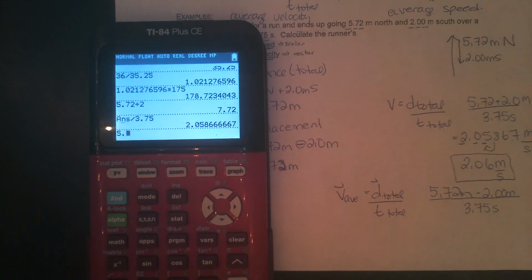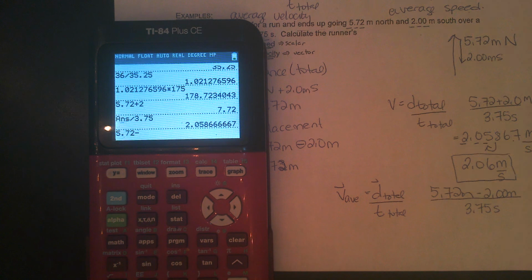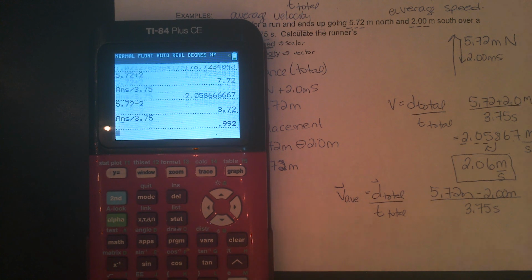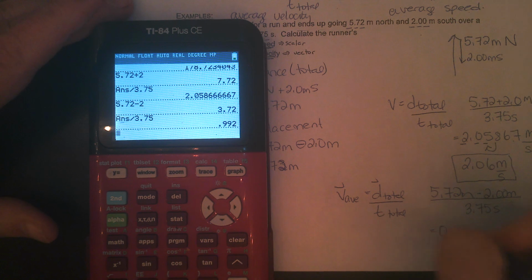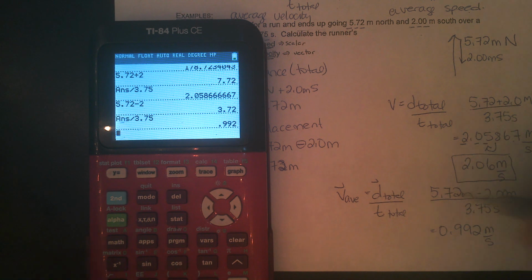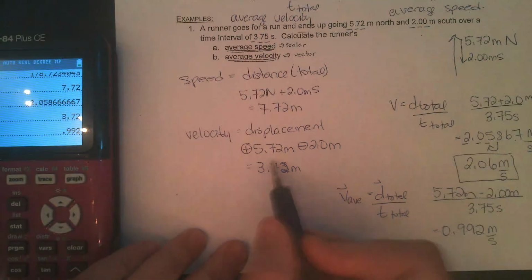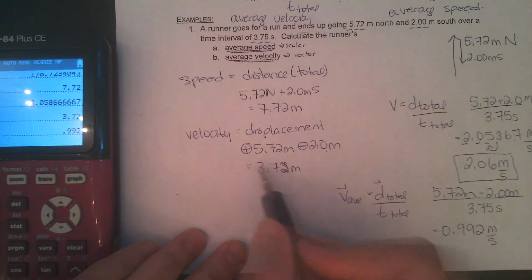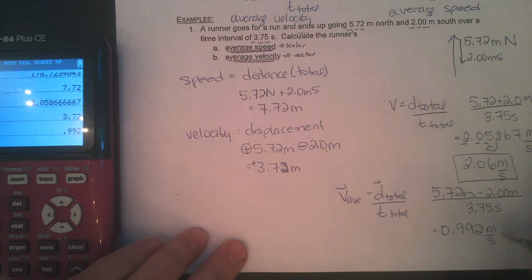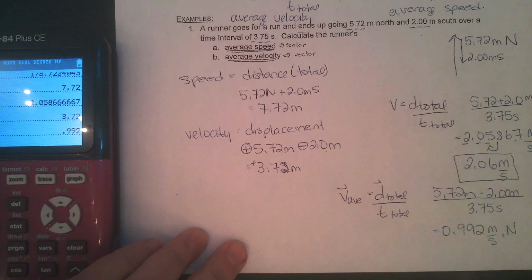So 5.72 minus 2 divided by 3.75, 0.992 meters per second. Because 5.72 minus 2 leaves me with a positive value, my overall direction is north.